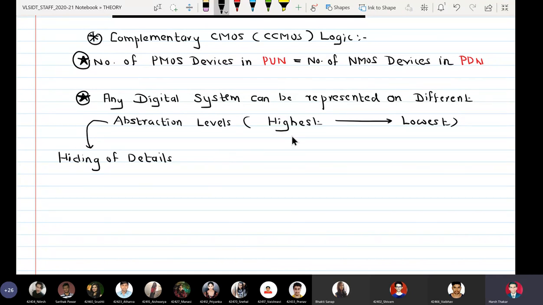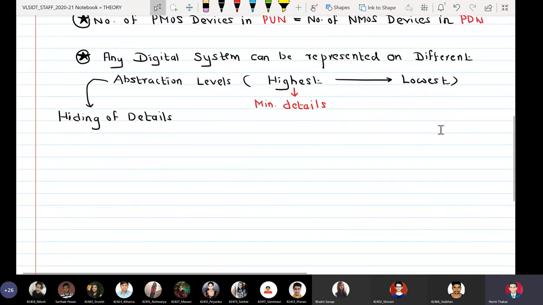So when I say highest abstraction level, I mean minimum details, and when I say lowest level of abstraction, I mean maximum details are there.